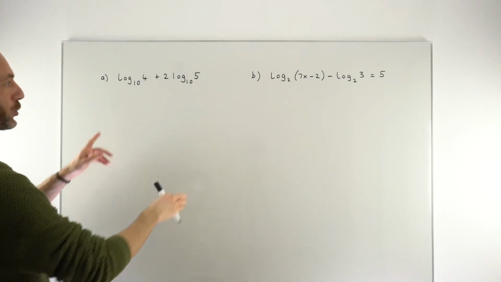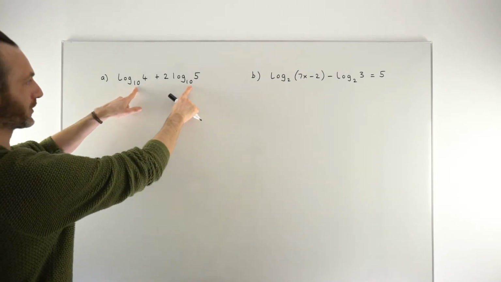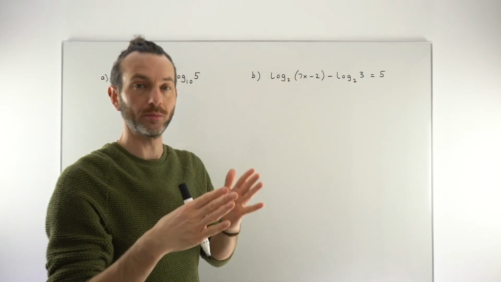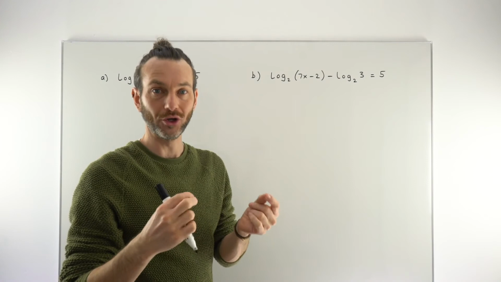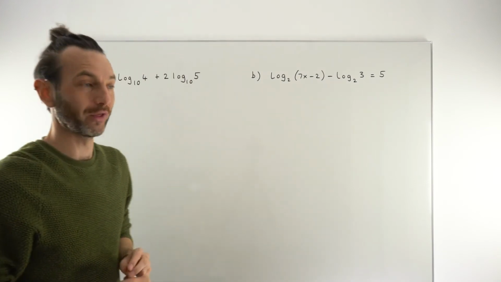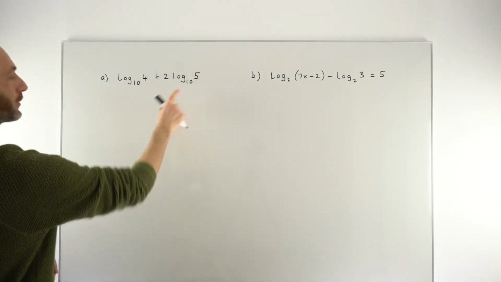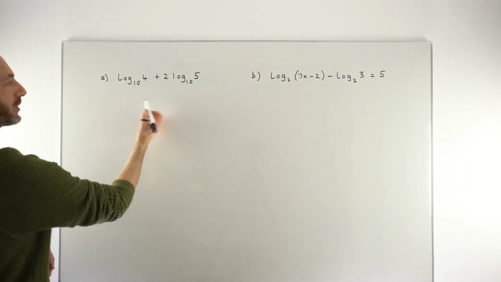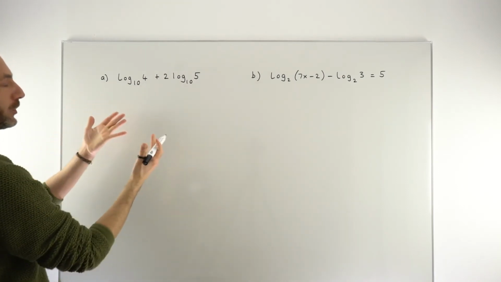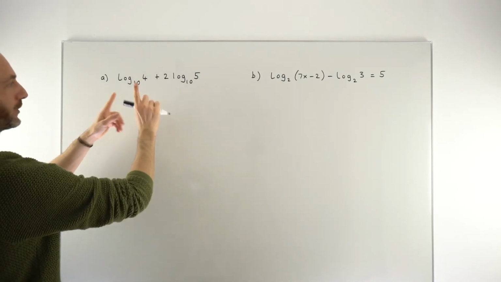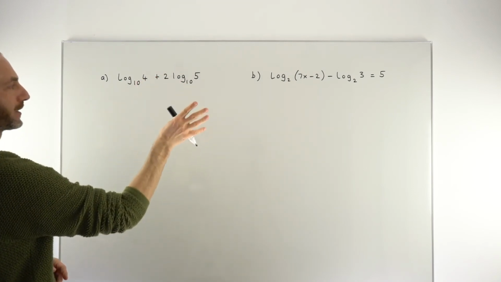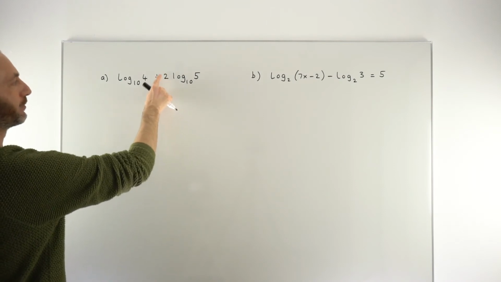In all log questions, you should check if the bases are the same. If the bases are different on the terms in the expression, then you cannot use the log rule. So it's a really, really important point. These questions are generally about using the rule. The bases here are the same, so we're good to go. The first thing we're going to do is notice there's a plus in between our two terms. That implies you can use the rule where you combine the two logs into one with a multiplication, but you can't do that if there's a number in front of one of the logs.